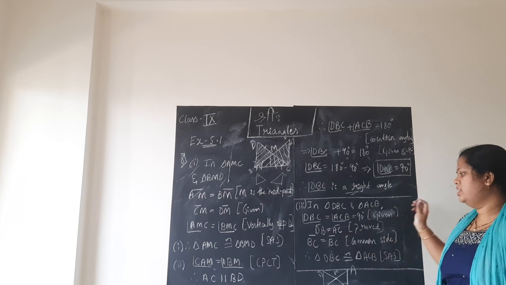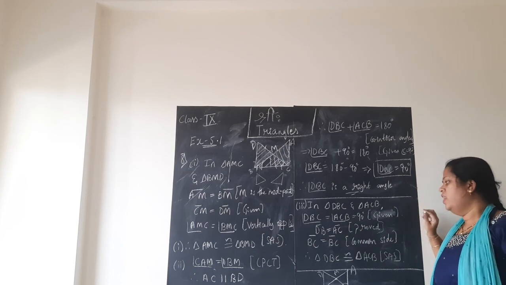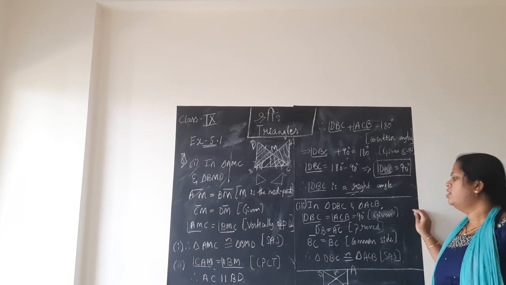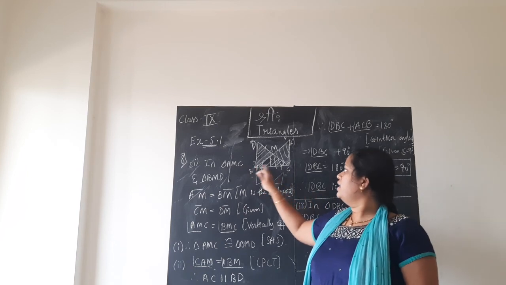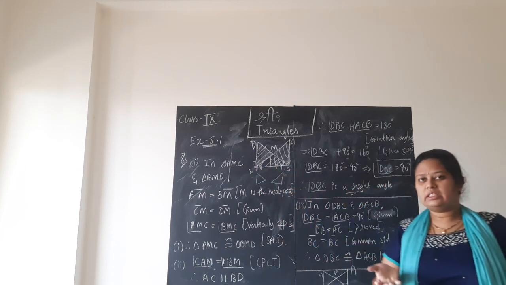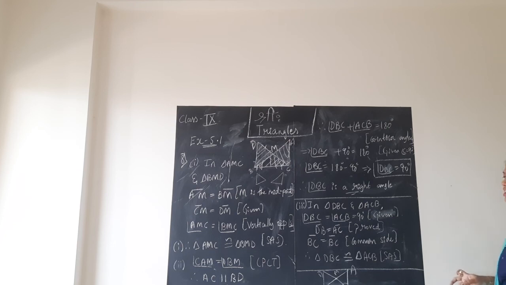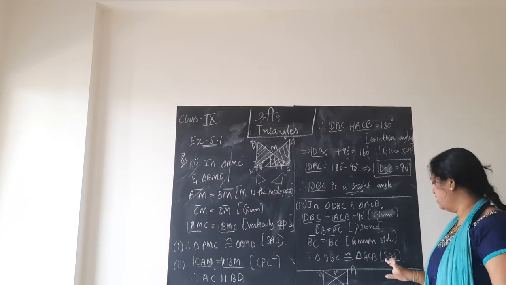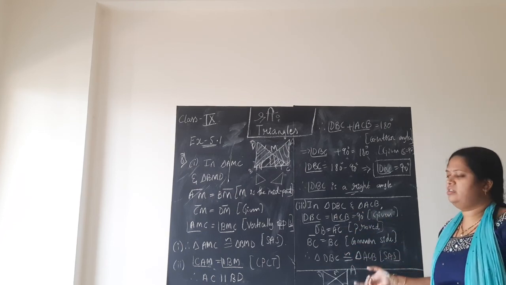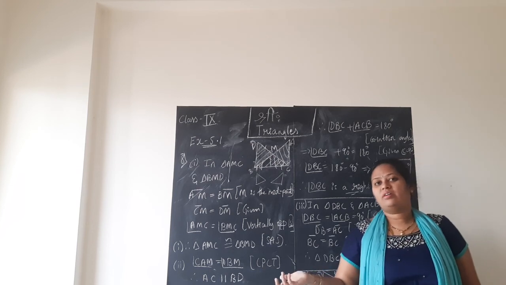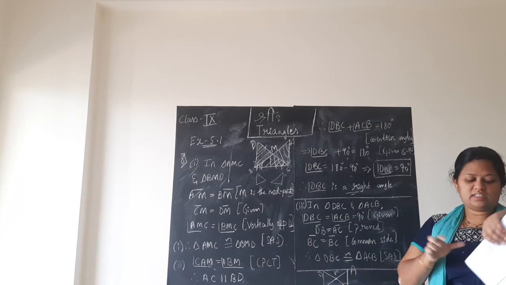So side BD equals AC, proved. For both triangles, this base BC is common. So BC equals BC, common. One angle, two sides congruency, so those two triangles are congruent. That is about the third sub question.